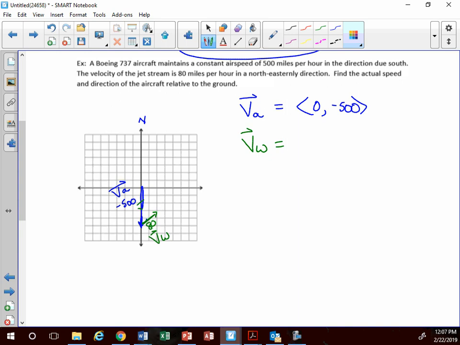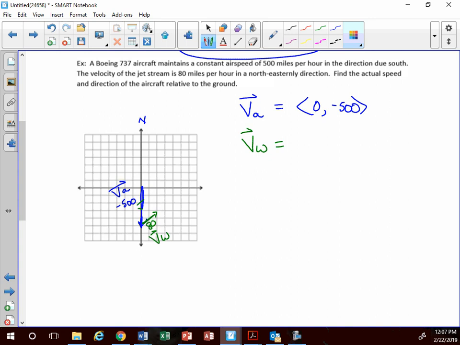Okay. Let's think about component form of this vector. So back when I had it up here, and I know I just drew that a lot bigger than I initially did, but that's so you could see it. So this was 80, and this was 45 degrees in there.